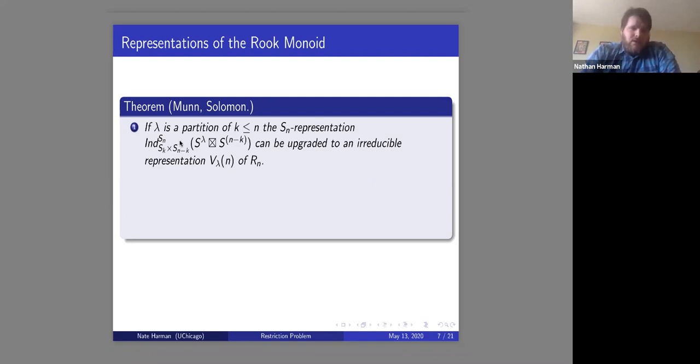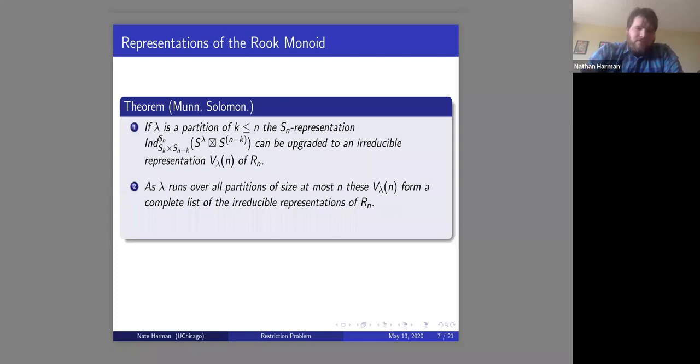As we vary lambda and k over all partitions of size at most n, these give us a complete list of the irreducible representations. And moreover, the representations are completely reducible, so everything is a direct sum of these. I find this part kind of amazing because complete reducibility is something we expect from groups, but for monoids you shouldn't expect it, but it happens.